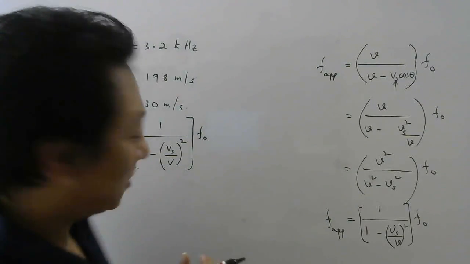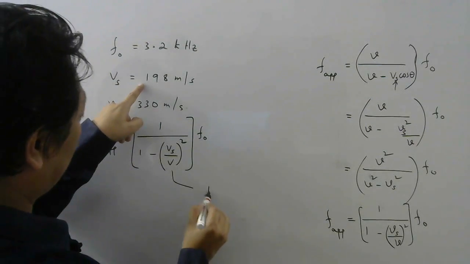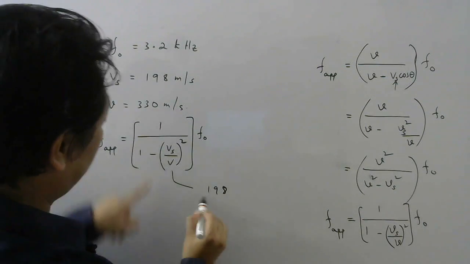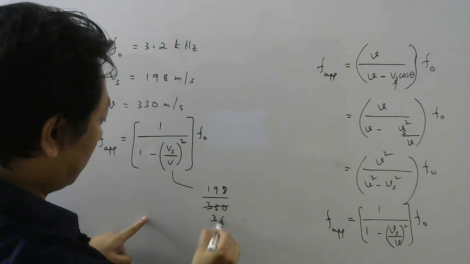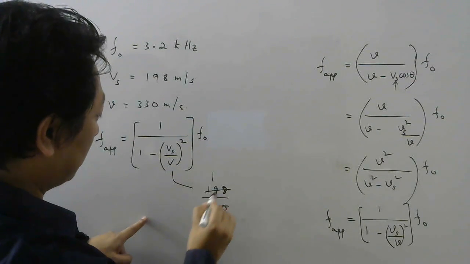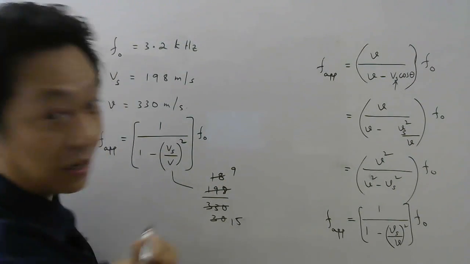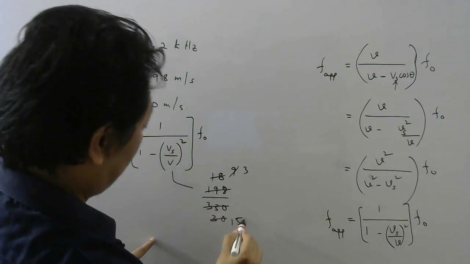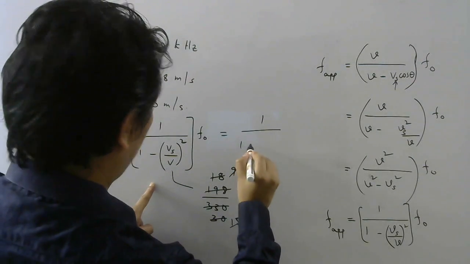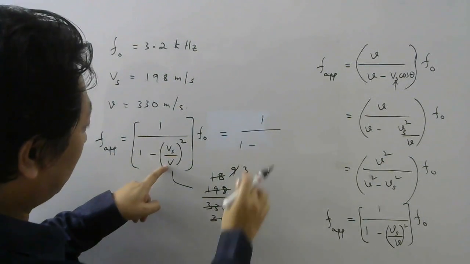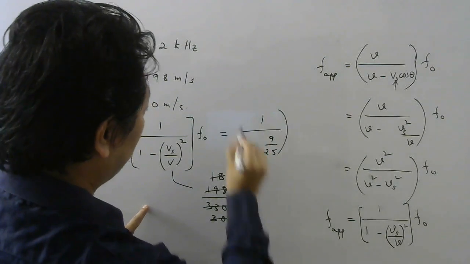So now only calculation is there. Let's calculate this ratio first. So Vs is 198, V is 330. Simplifying, Vs by V is 3 by 5. So 1 minus (3 by 5) squared is 1 minus 9 by 25, times f naught.